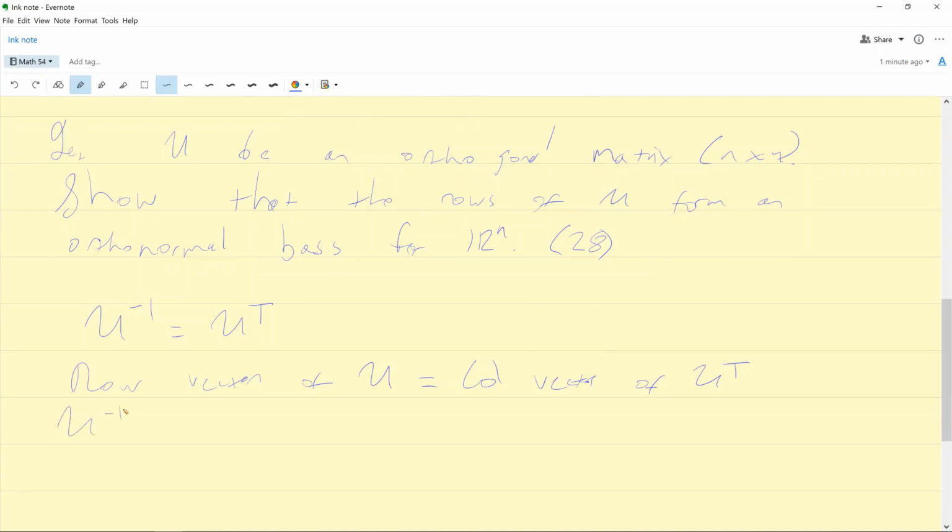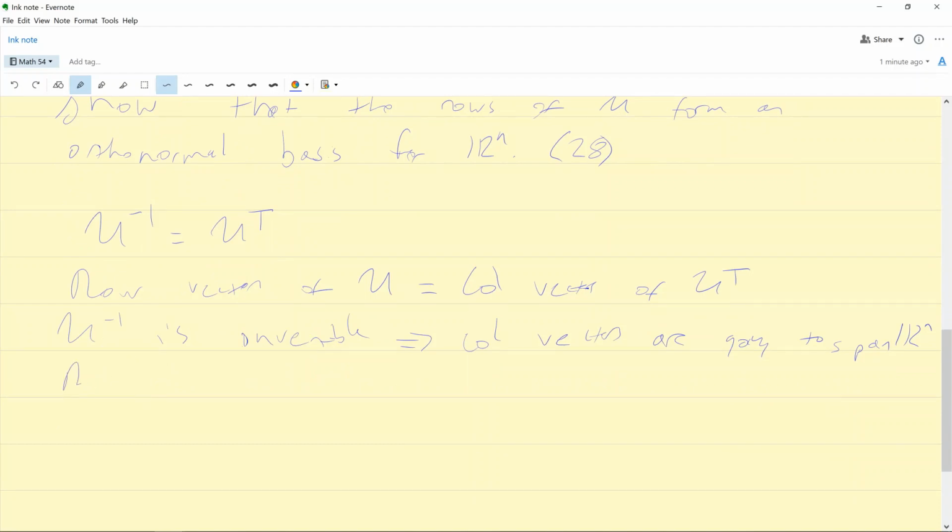So U inverse is invertible, and in particular, that means its column vectors are going to span R^n. So that tells us that the rows of U form a basis for R^n.